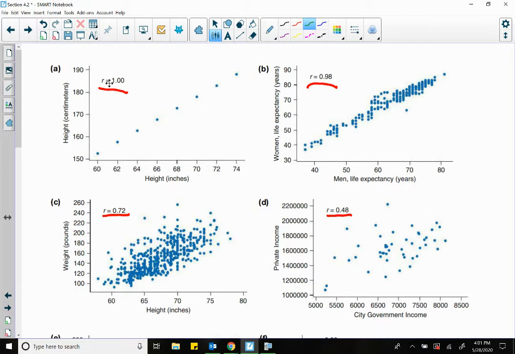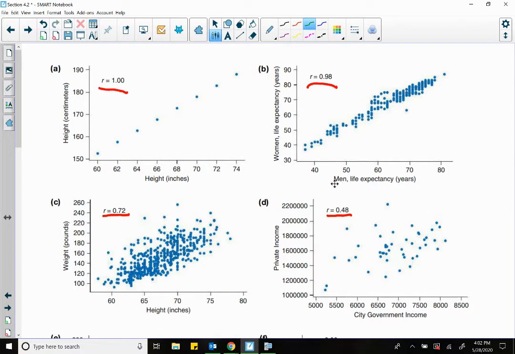Now the slopes will not be the same. The equation of the line will be different, but the relationship between these associations is still 1. It's still strong. That's what I mean by it doesn't matter, changing your X and putting it in for Y and your Y and putting it in for X. The R value is still the same value.